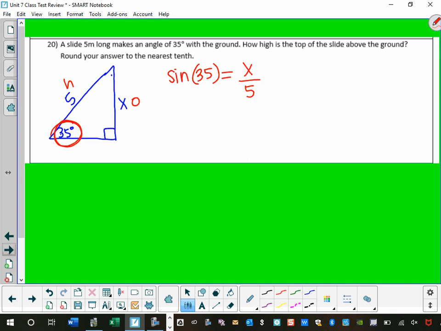I can cross multiply. 1 times X is X. 5 times sine of 35. What do you get for your answer? Multiply those together. Yeah, I got 2.9.